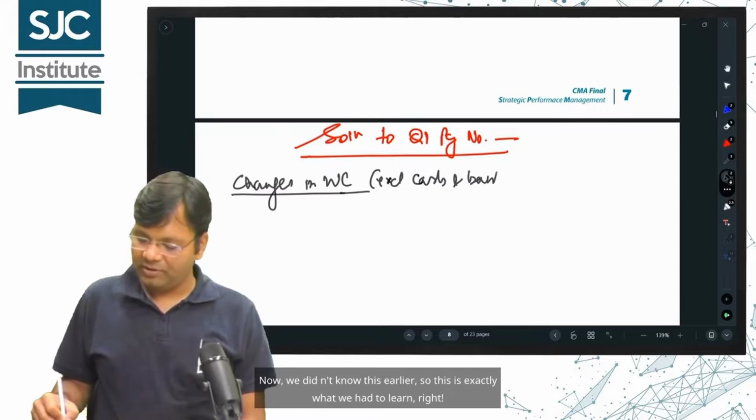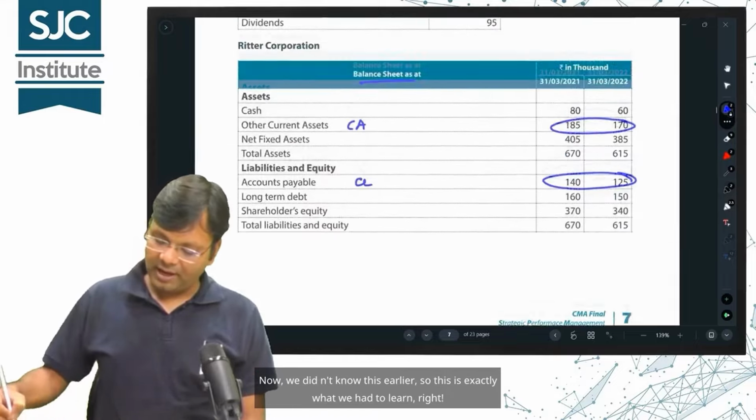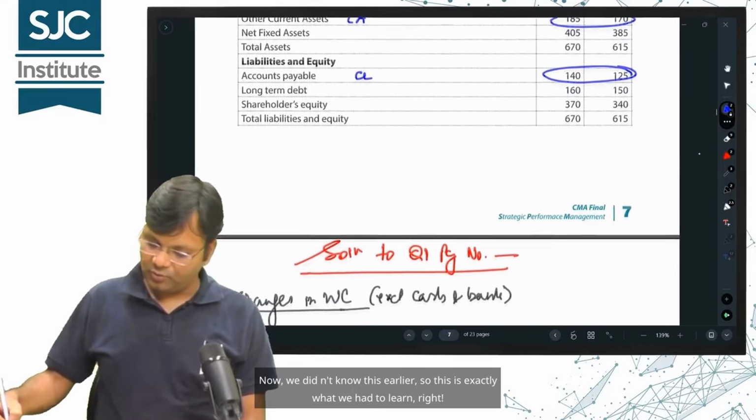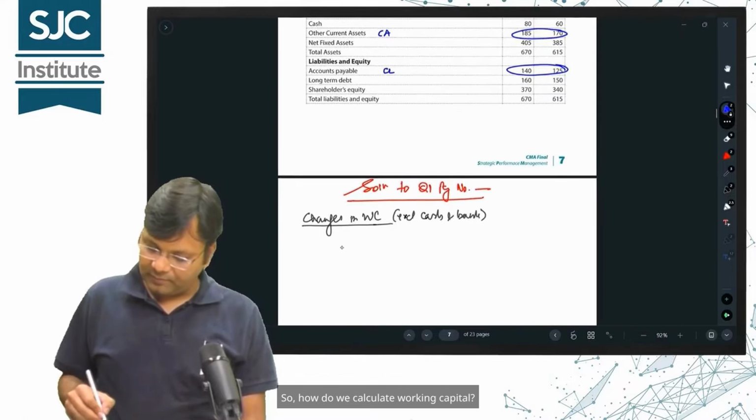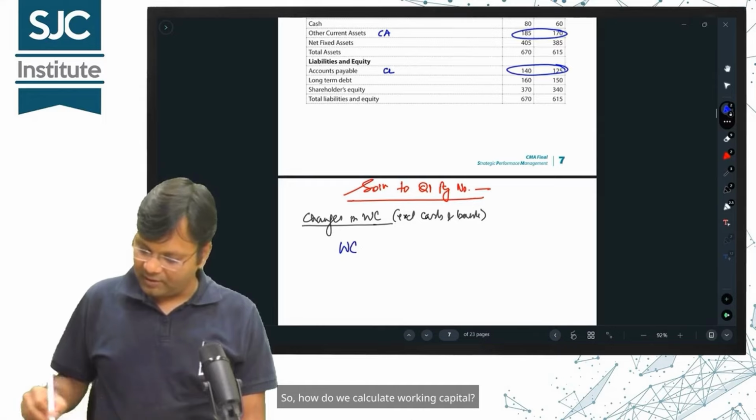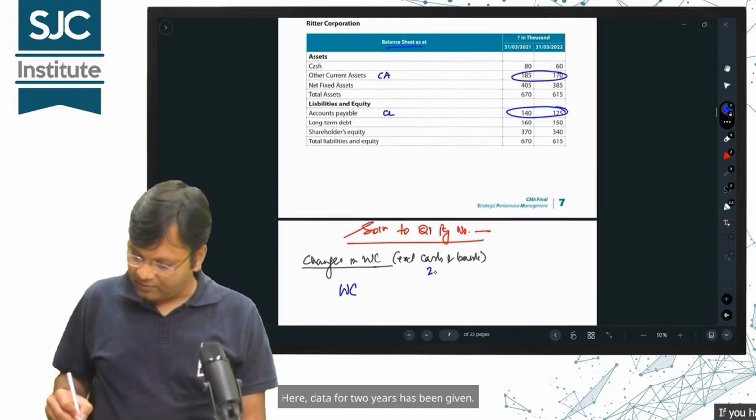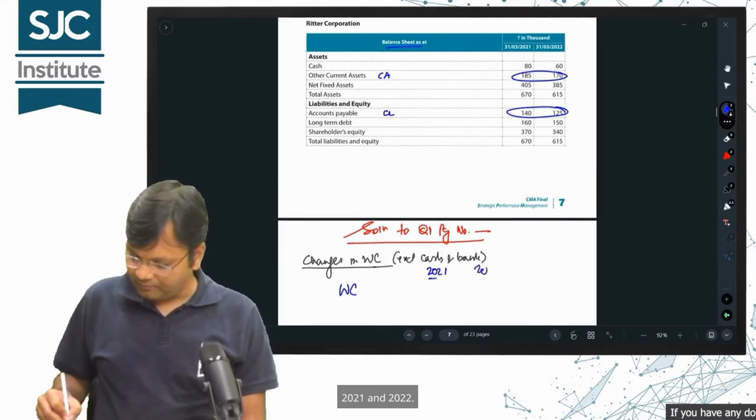Now, we didn't know this earlier, so this is exactly what we had to learn, right? So, how do we calculate working capital? Here, data for 2 years has been given, 2021 and 2022.